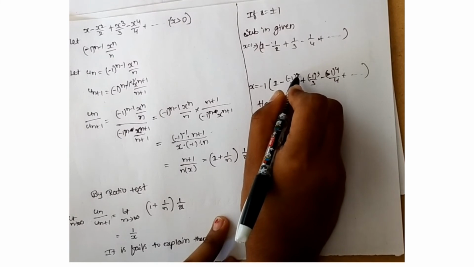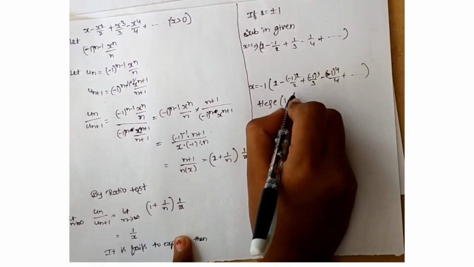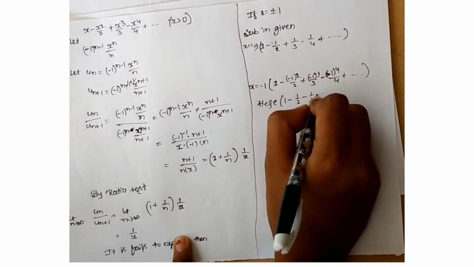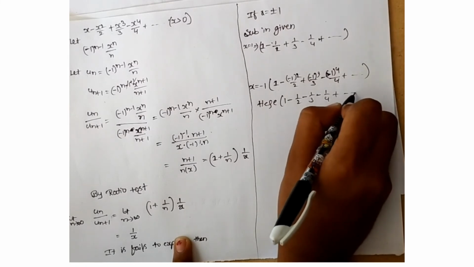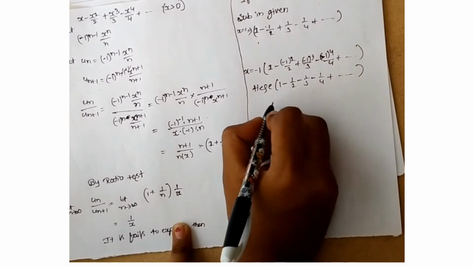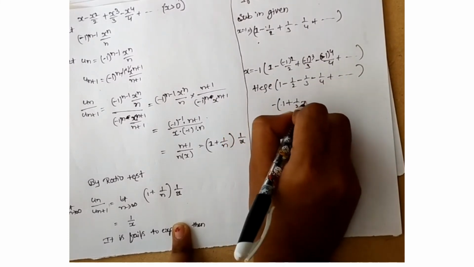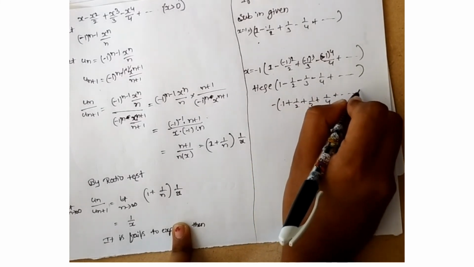Here minus 1 whole power 2 means an even number, so it becomes positive. Then 1 minus 1 by 2, here we get 1 by 3 minus 1 by 4 plus and so on. It becomes positive, it becomes negative. Here we take the minus form: minus 1 by 2 minus 1 by 3 minus 1 by 4 and so on.